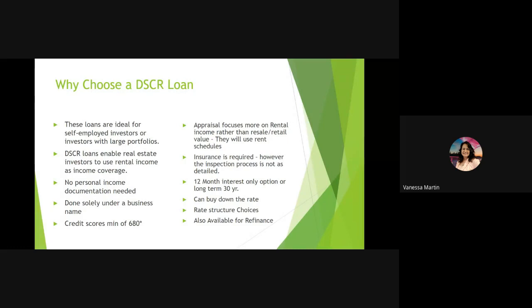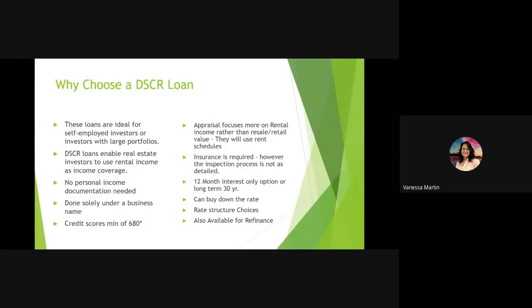Why choose a DSCR loan program? For a couple of reasons. The first, number one reason: no personal income. There's no personal income with these products. The loans are ideal for self-employed investors and investors with large portfolios because there's no limit with these loans, which is great.